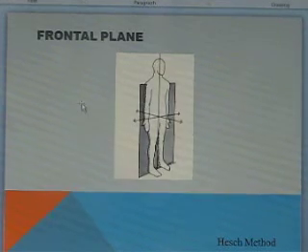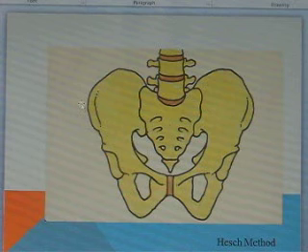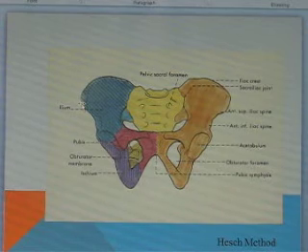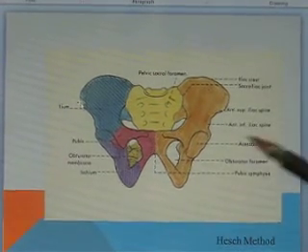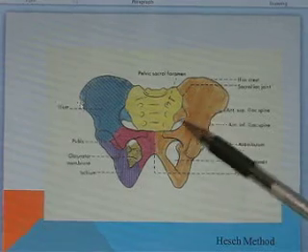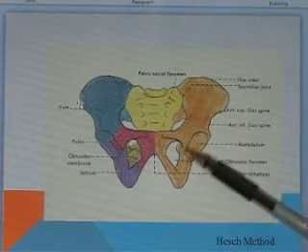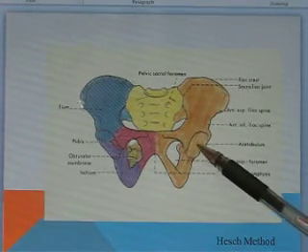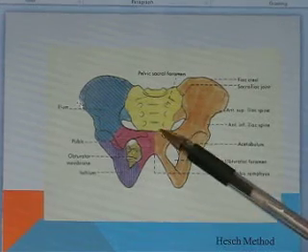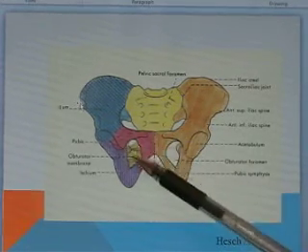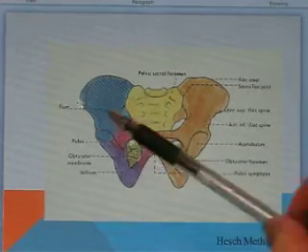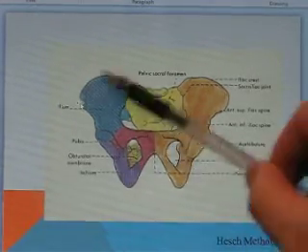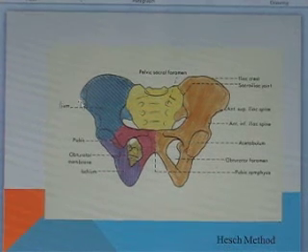Here is a look at the body in the frontal plane, and of course the whole pelvis, looking at it from an anterior view in the frontal plane, and of course the left hemi-pelvis here. The acetabulum that houses the femoral head, the true hip joint, is right here. This is the pubic bone here, and then in purple is the ischium, and then this is the ilium, and collectively some people call that the hemi-pelvis.